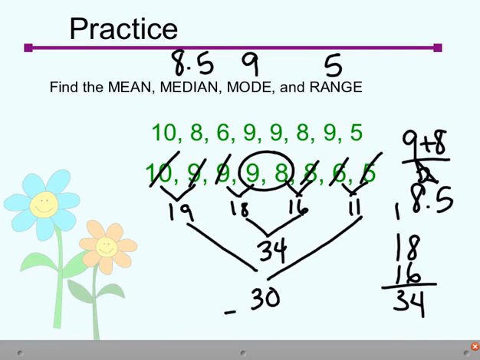We add those up and get a total of 64. Let's see how many numbers we had. We have 1, 2, 3, 4, 5, 6, 7, 8 numbers. So we do 64 divided by 8, which is 8. So our mean is 8. All of those can happen with a set of numbers.